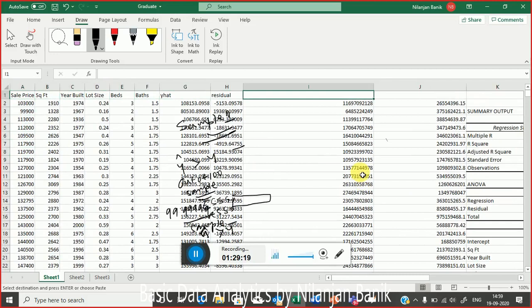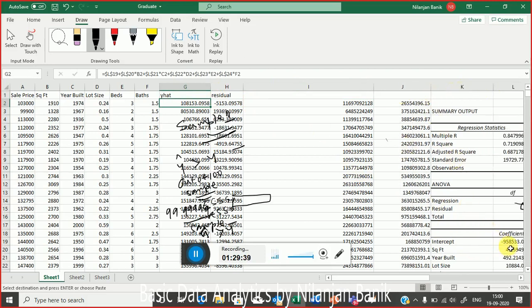Can you calculate y hat once again? Can I calculate y hat once again? Yes, sir. This is the formula, you do it yourself. What I've done is I've taken intercept.